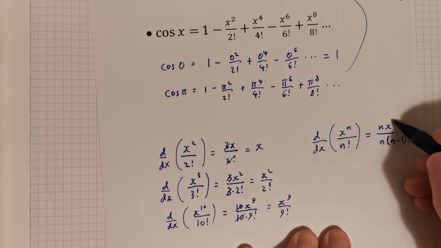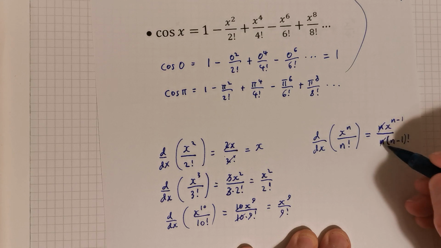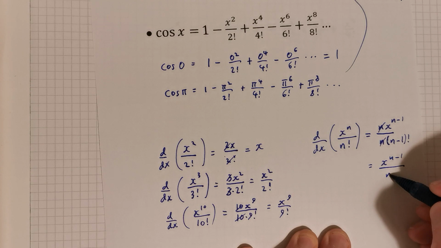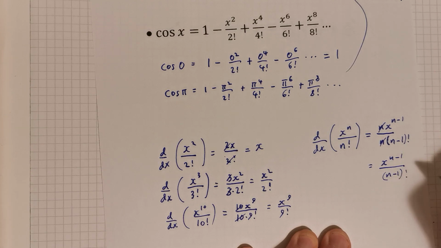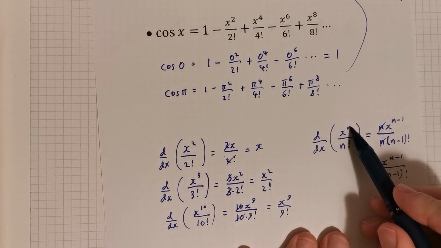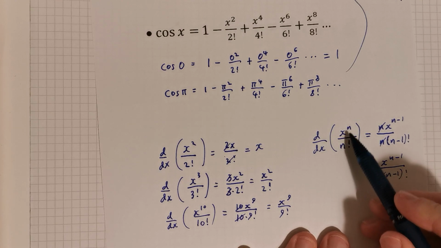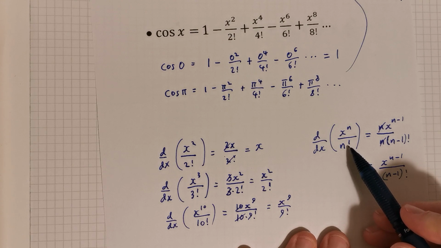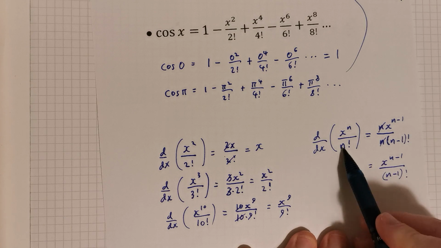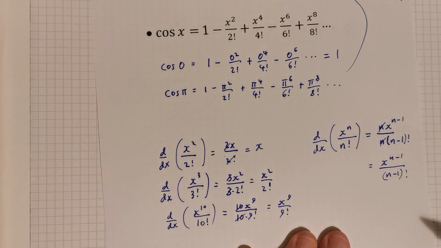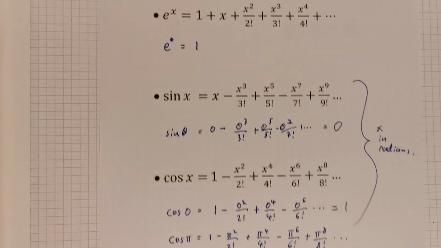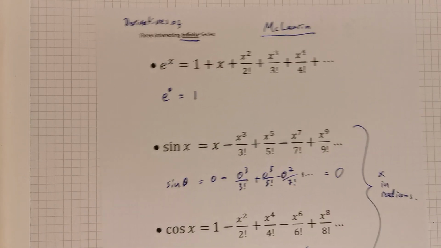That's n times x to the power of n minus 1. And every time those n's will cancel to give me x to the power of n minus 1 over n minus 1 factorial. So if I have x raised to some power, and on the bottom that same number factorial, then the derivative will have the exponent decreased by 1 and the factorial decreased by 1.